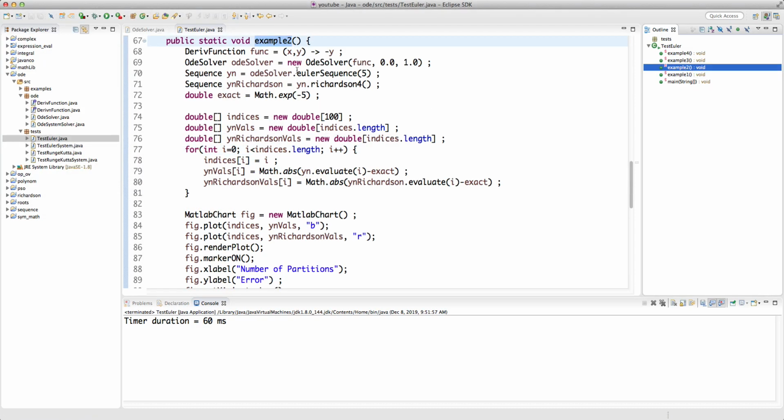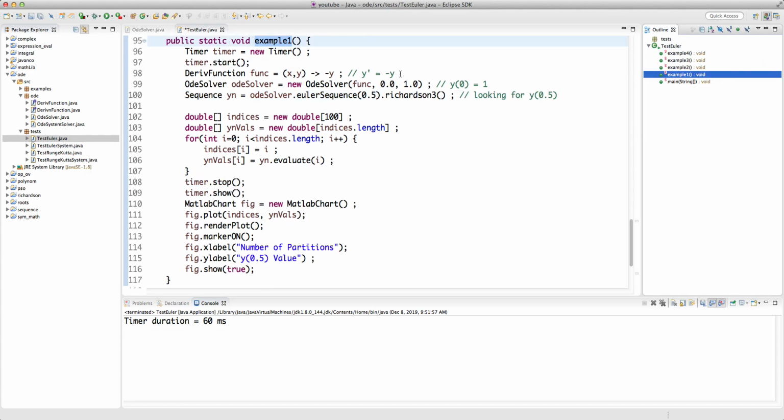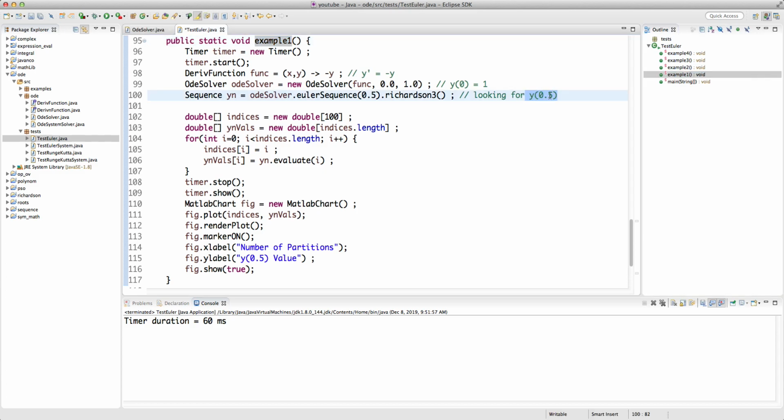Now in example 2, again the same equation, y prime equals minus y, the same initial condition, y of 0 is 1, but now I'm trying to find y of 5, x equals 5.